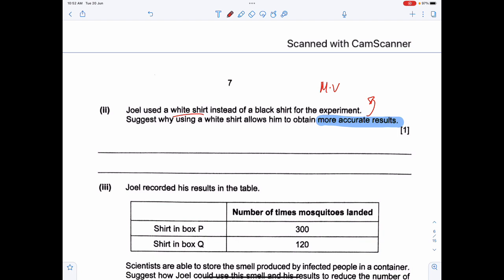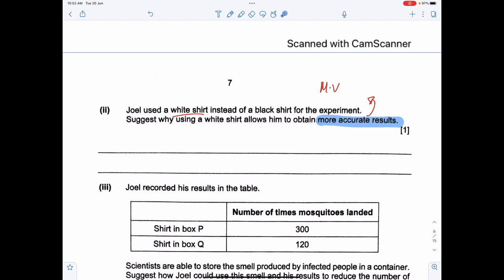If it's a fair test, it's got to do with your change variable. If it's accurate results, accuracy's got to do with the measured variable. Okay, am I clear? So how do you obtain results that are more precise? So in this case, you are counting mosquitoes.